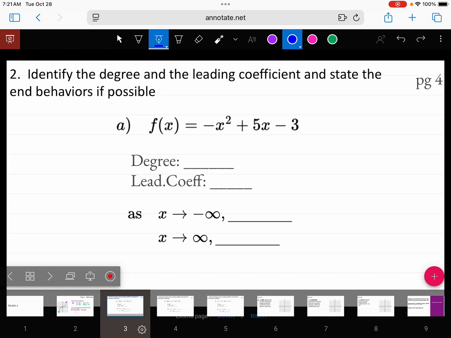So we talked about it yesterday, but we didn't get a ton of time practicing with our degree and leading coefficient, because we had a lot of stuff to go through. What is our degree on this one?